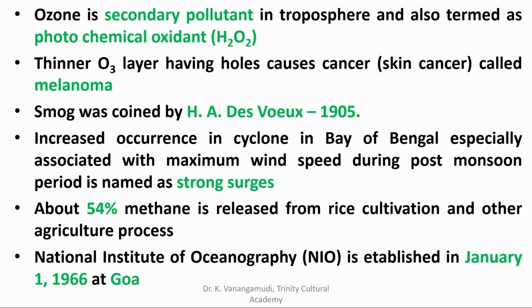Smog was coined by H.A. Des Voeux in 1905. Increased occurrence of cyclones in the Bay of Bengal, especially associated with the maximum wind speed during the post-monsoon period, is named strong surges. About 54% of methane is released from rice cultivation and other agricultural processes. The National Institute of Oceanography was established on January 1st, 1966 at Goa.